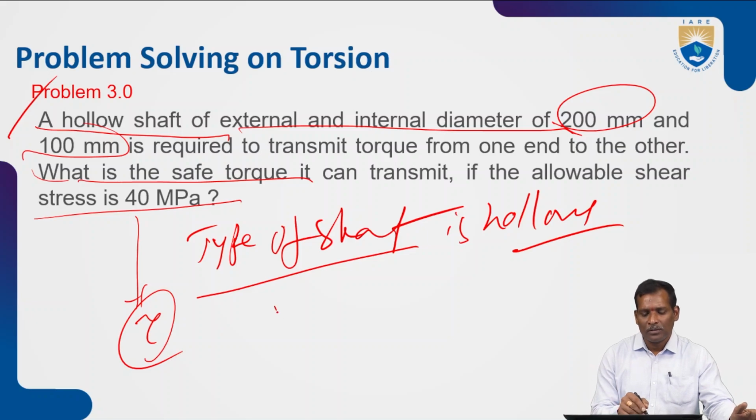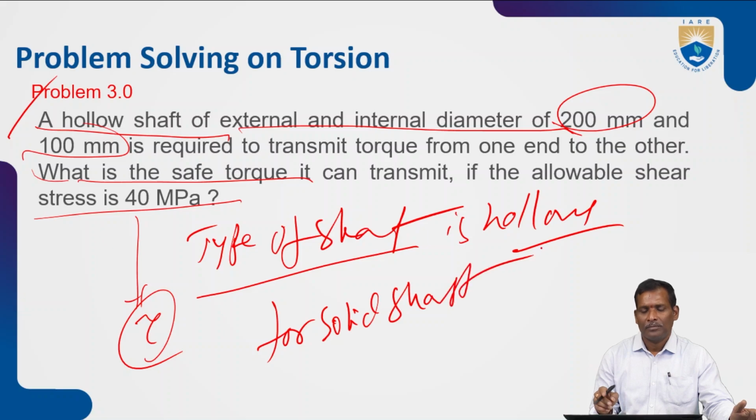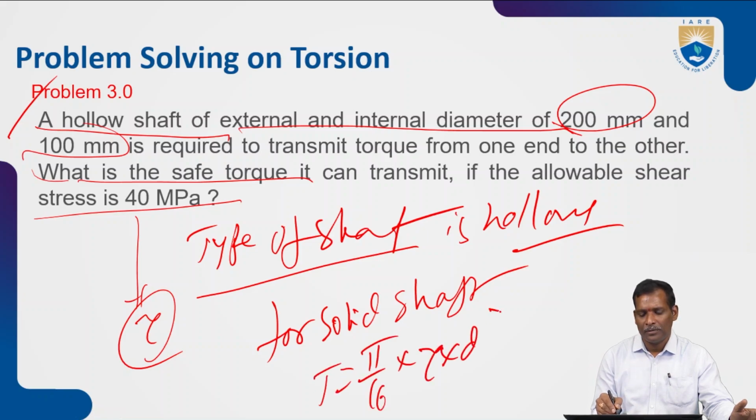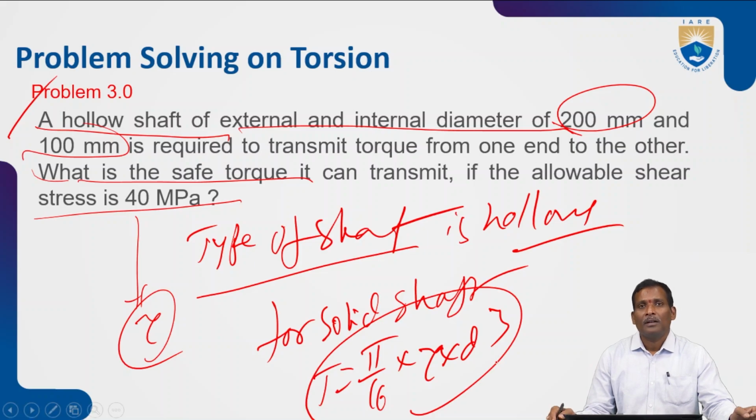So already you know for a solid shaft, T is equal to pi by 16 into tau into d cubed. But this is not applicable here. Why?